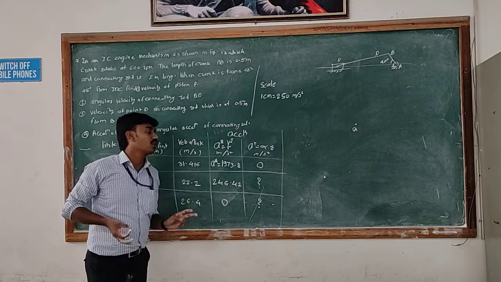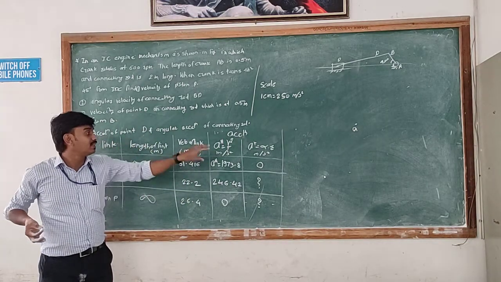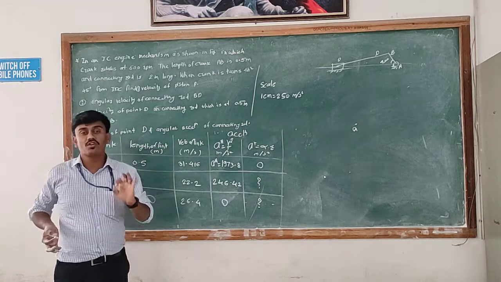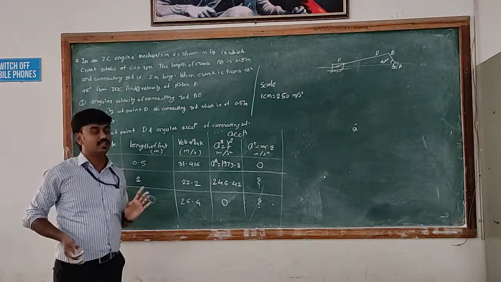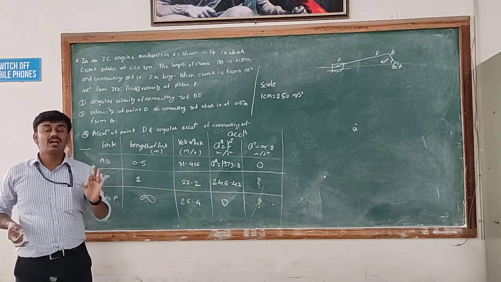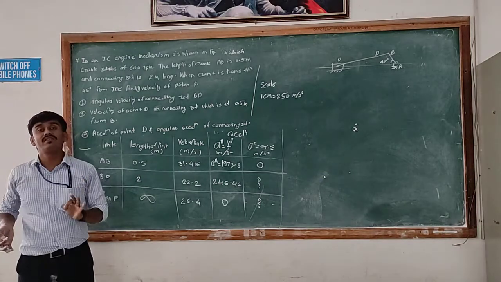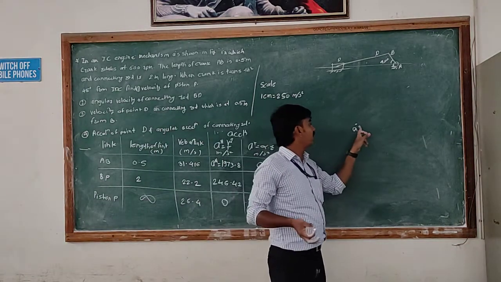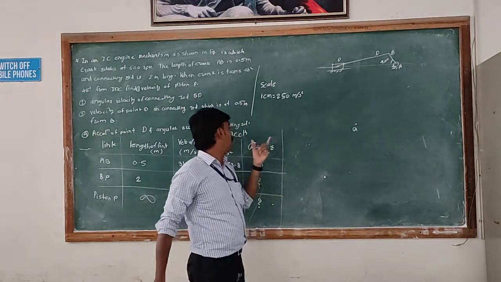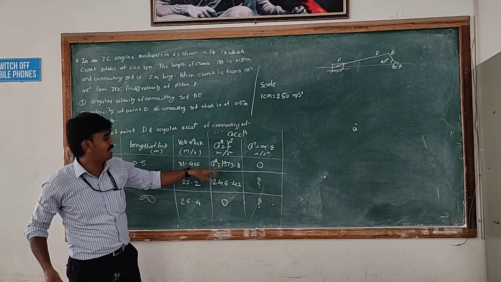Now, as we discussed in the last lecture, the normal acceleration of the link is always in the direction of the link, or parallel to the link. So here is point A, and we want to find the magnitude of the normal acceleration of the link AB.